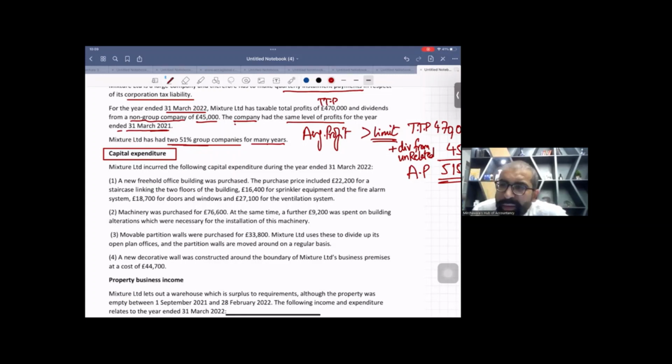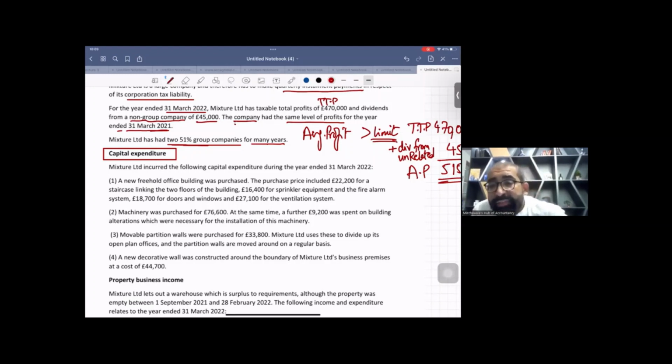When you buy a new home in builder's condition, they give you doors, windows, ceilings, stairs. So these are considered part of the building, not part of plant and machinery.